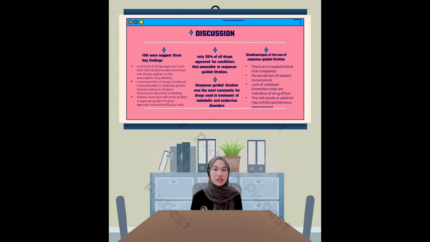However, there are several disadvantages of using response-guided titration in clinical drug development: an increase in clinical trial complexity, patient discomfort, a lack of validated biomarkers that are indicative of drug effect, and the possibility that individual patients may exhibit spontaneous improvement or the drug may have cumulative effects during the treatment of the disease.